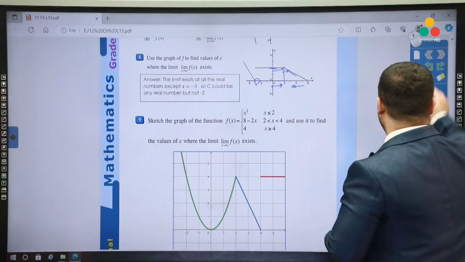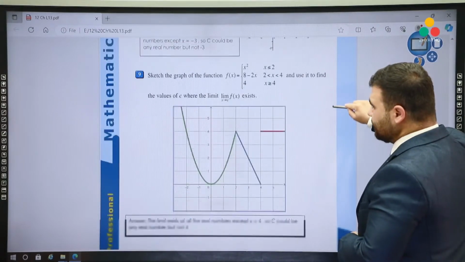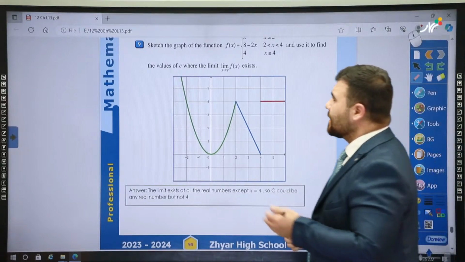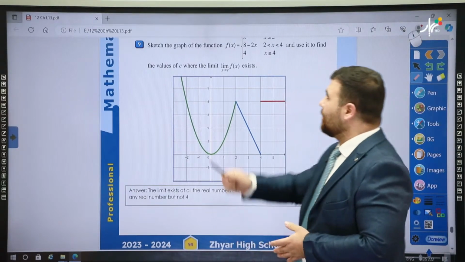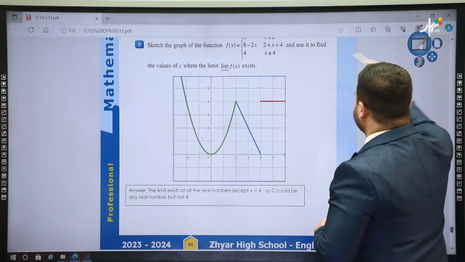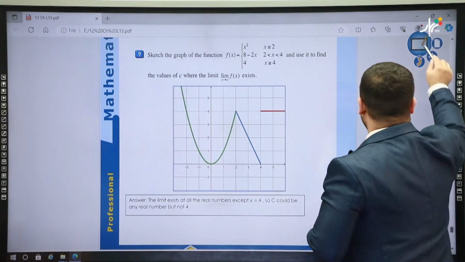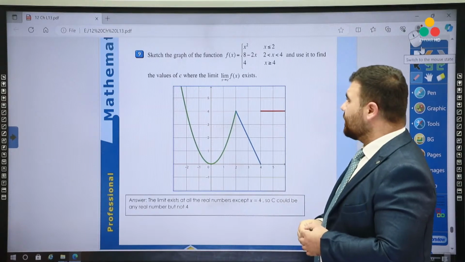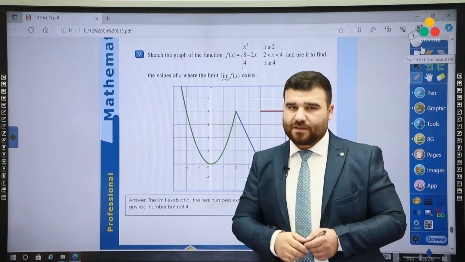Question 9, there is a piecewise function. The question says, sketch the graph of the function f(x), where f(x) is this function. Then find the values of c where the limit as x tends to c of f(x) exists.